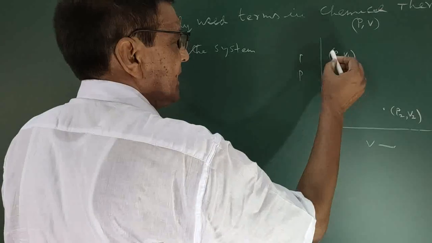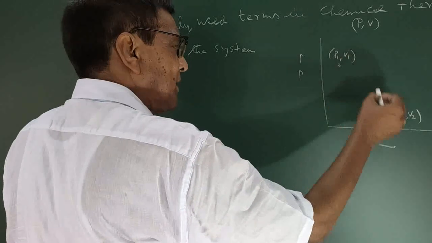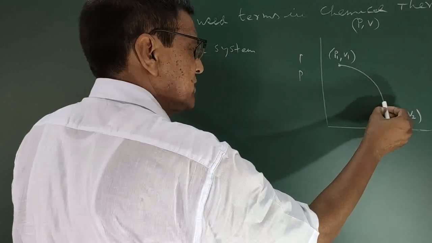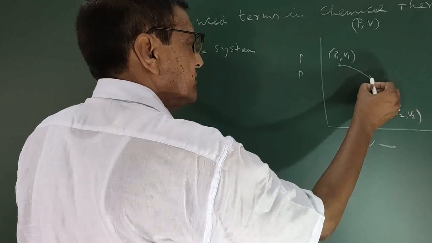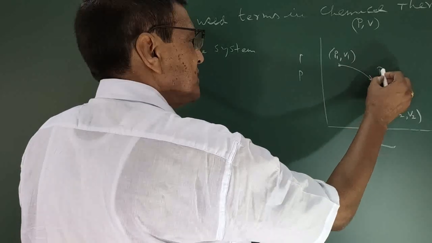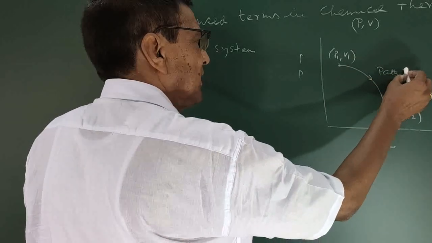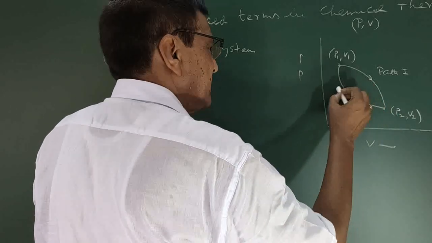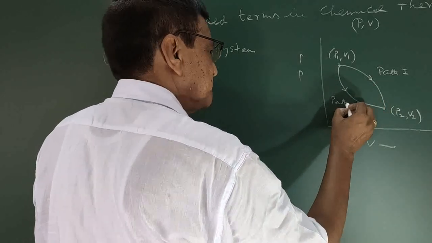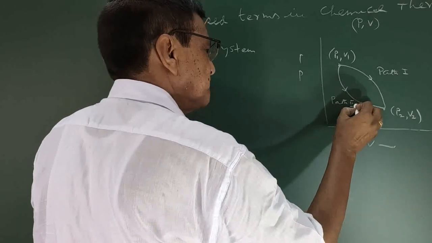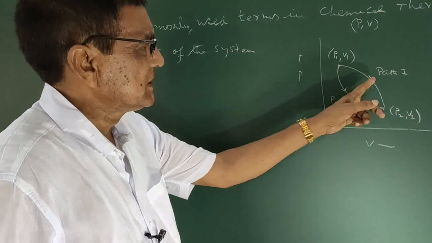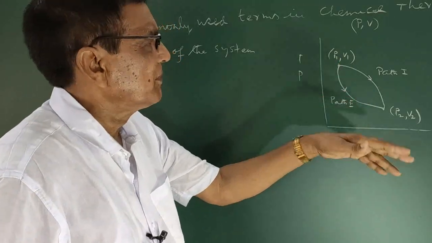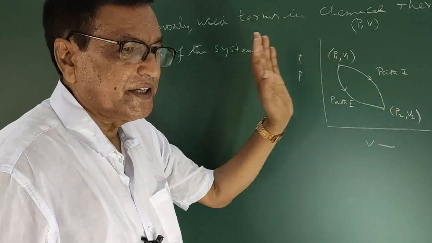And this system can come from the initial state to the final state by, suppose, this path, which is path number 1, or it may also come by this path, which is path 2. So these are the paths for the system to come from the initial state to the final state.